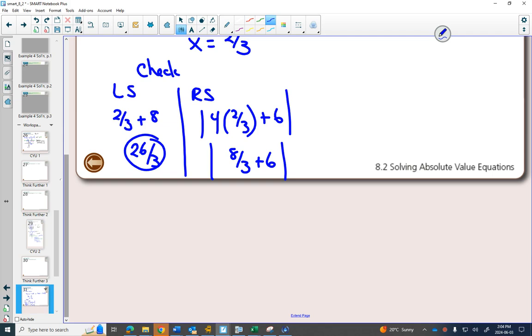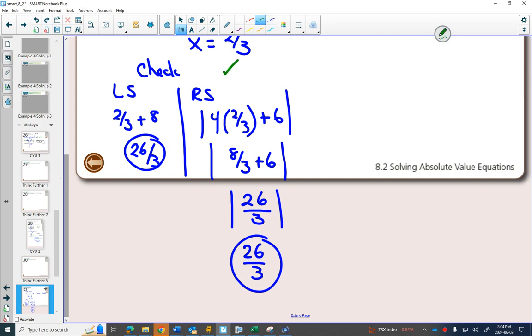I need a common denominator. 6 is the same as 18 divided by 3, plus 8 is the absolute value of 26 over 3. And notice I keep the absolute values until I've simplified it to a single number. Now, the absolute value of 26 over 3 is going to make it positive, which it already was positive, is 26 over 3. This answer works.